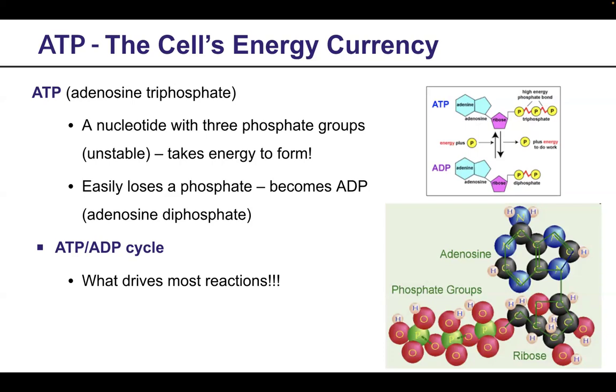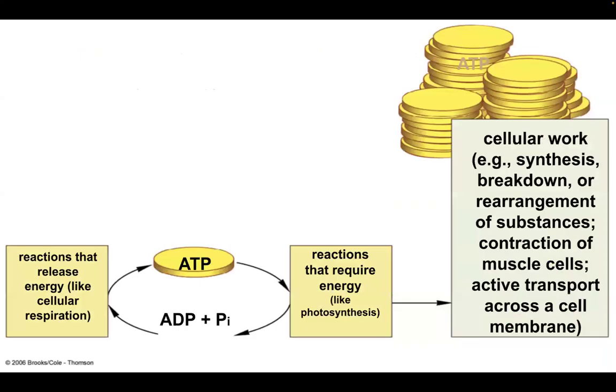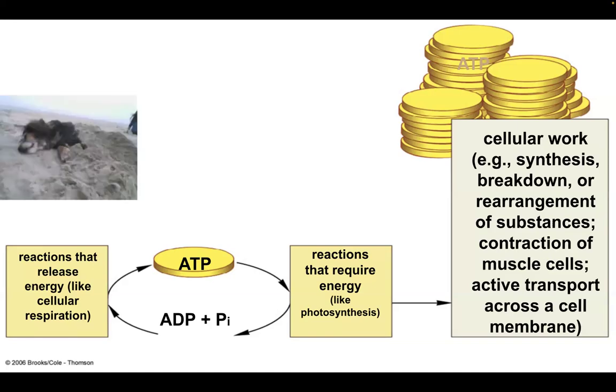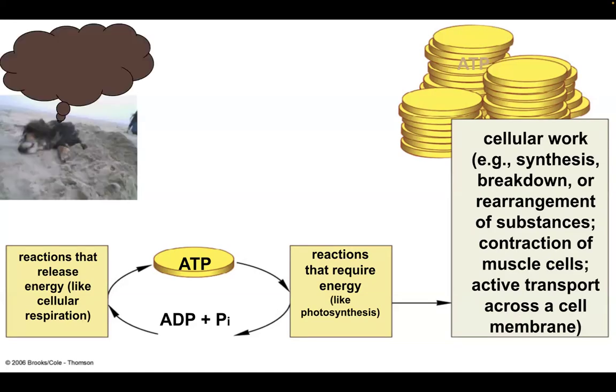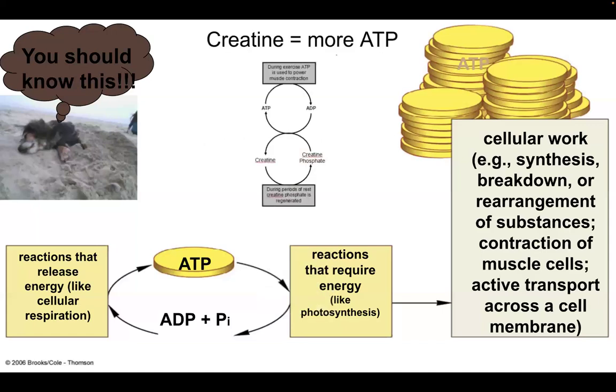It's what gives us that energy. So we can think of ATP going to ADP and phosphate as a way to release energy. Converting the other way, ADP and phosphate back to ATP, actually takes energy. You should know this because it's the foundation of how we use energy in general, right?